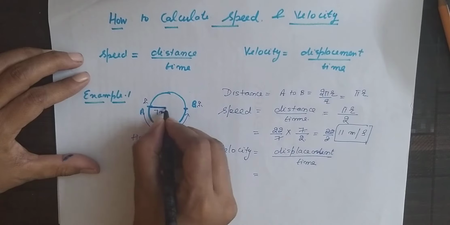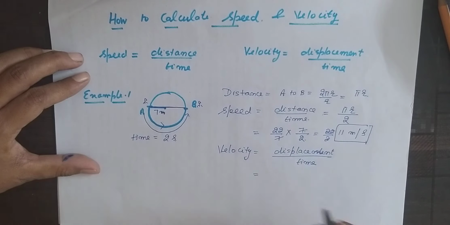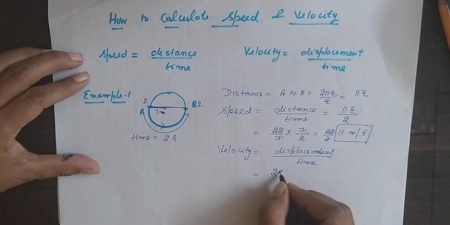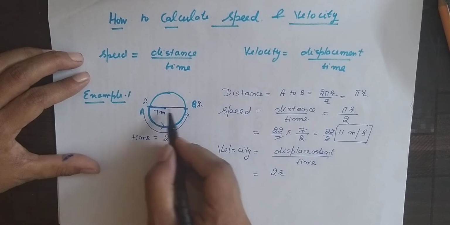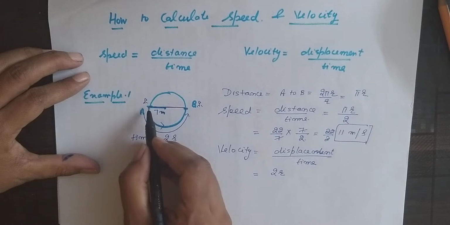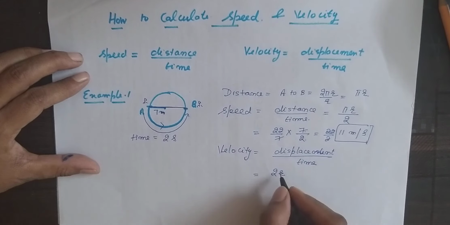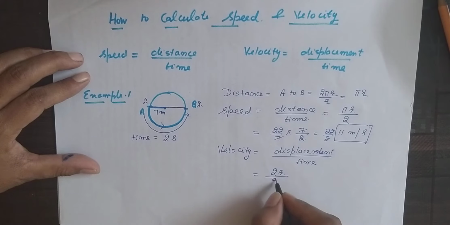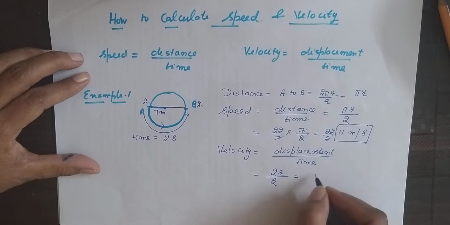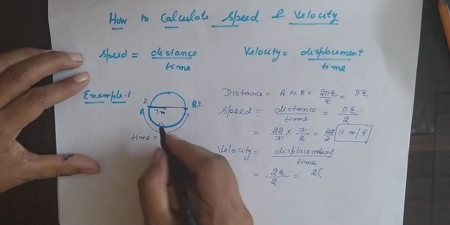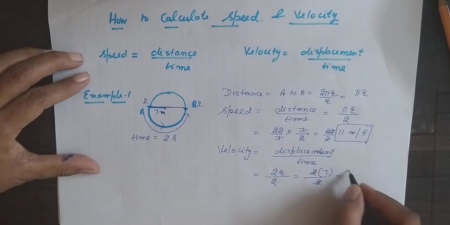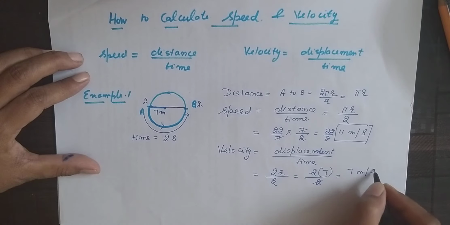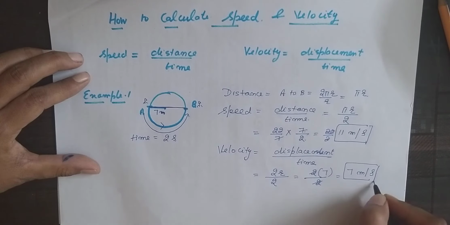Displacement here is simply this diameter, that means displacement is the shortest distance between A and B, and the shortest distance is just the straight line joining A to B, so that is equal to 2r, and time here remains the same, that is 2. So let's substitute the value of r, that is 7 meter here. So here it is 7 times 2 over 2, just cancel this 2 and my answer will be 7 meter per second, right?